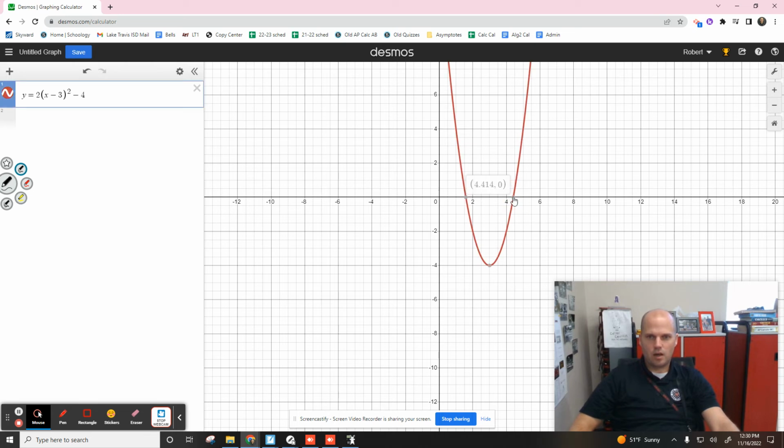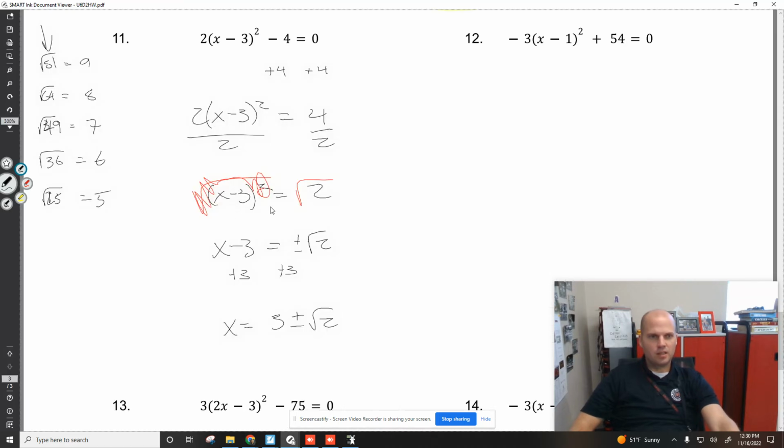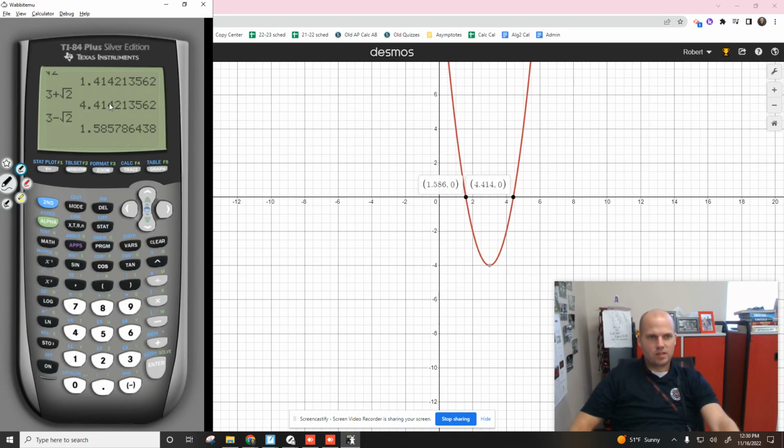Desmos is like, yo, 4.414, 1.586. Yes, correct, 4.414, 1.586. But you're better than Desmos because you have more decimal places. You know the exact answer is 3 plus this crazy decimal square root 2, 3 minus the crazy decimal square root 2. So this is where human beings beat out calculators who just approximate.